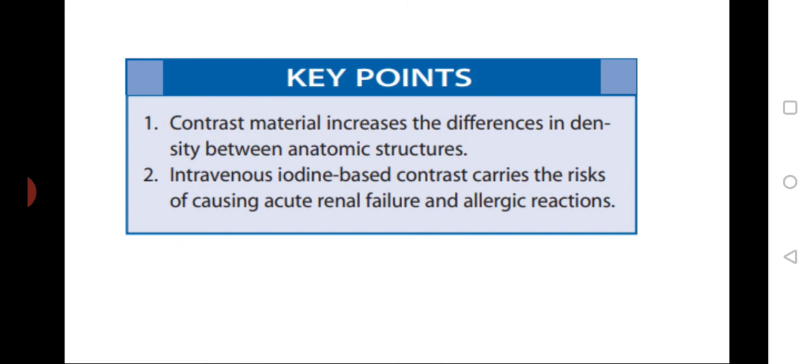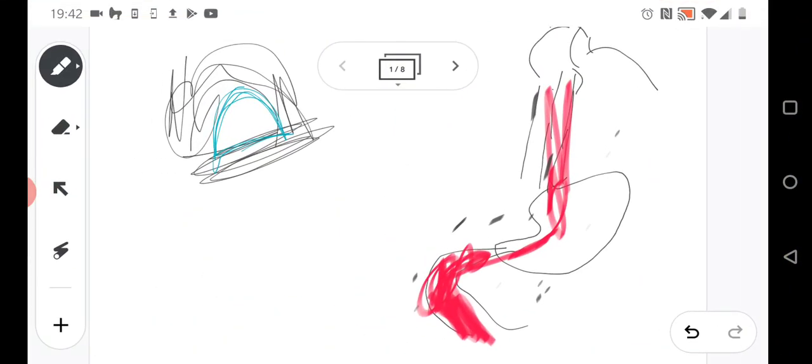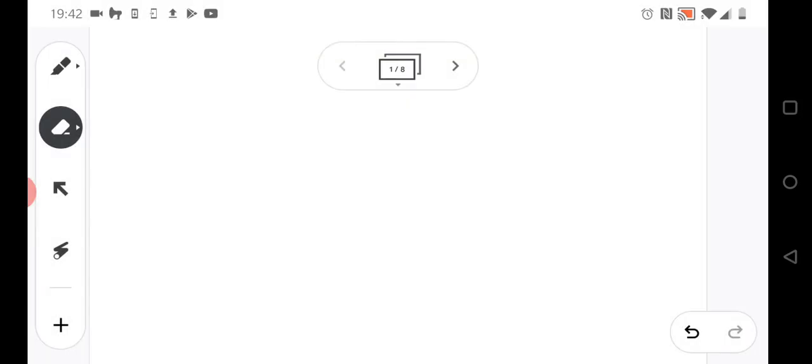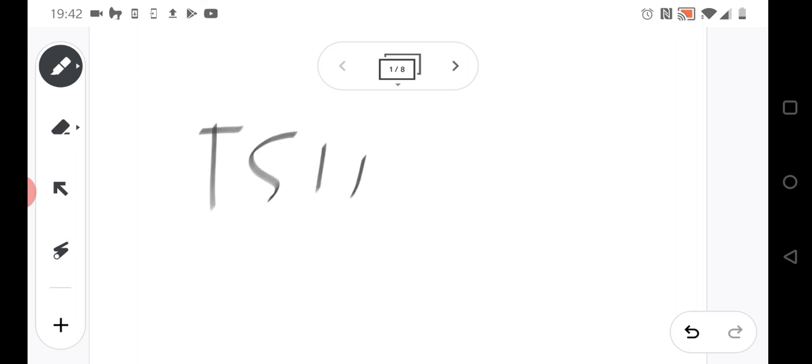So, as you've probably seen when you are working with patients, before the CT scan, generally we need to perform two main studies. We need to measure the TSH, and we need to measure the creatinine.